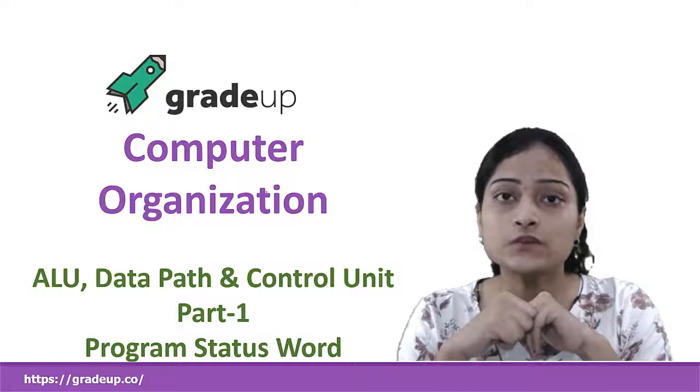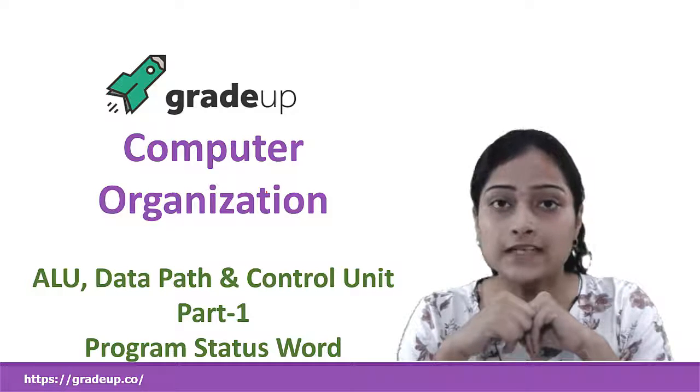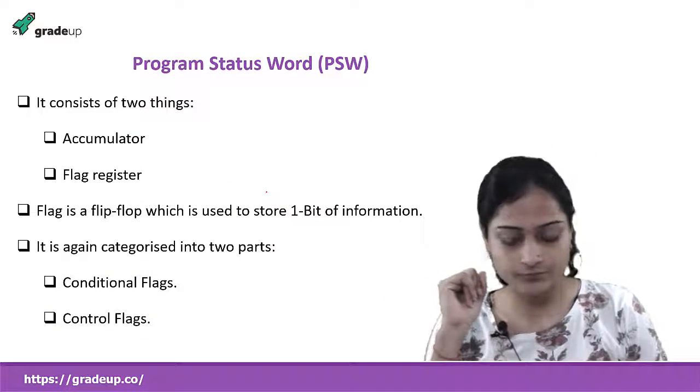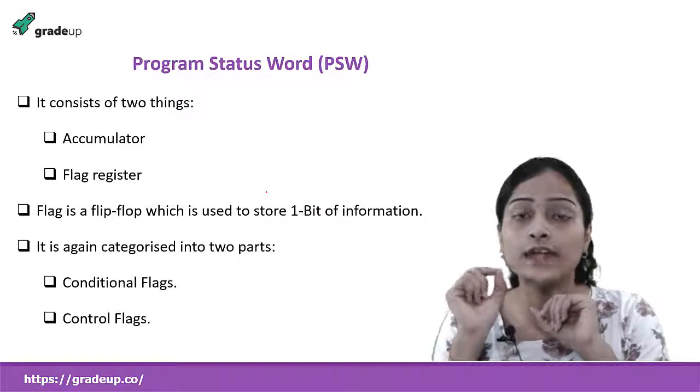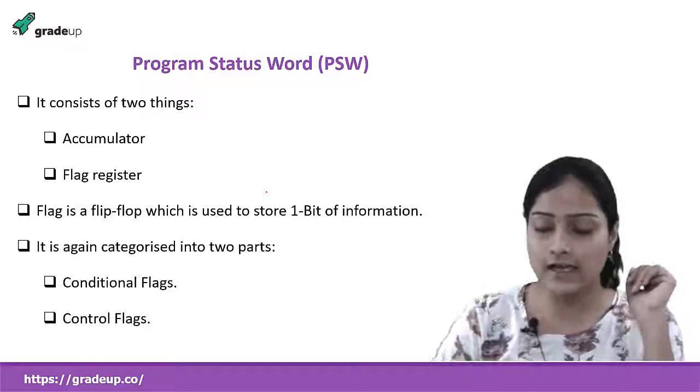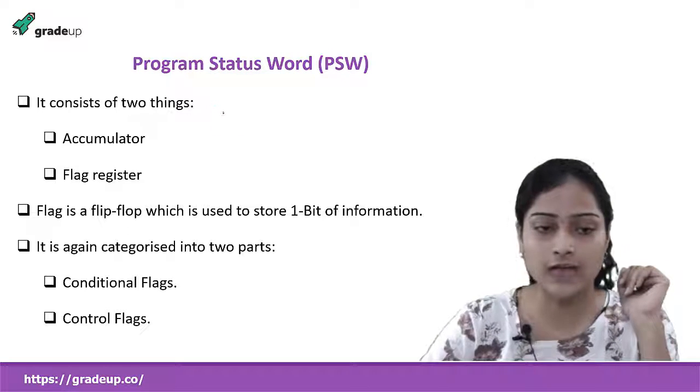So first thing which we are going to study is PSW, which is Program Status Word. You will ask me, what is this PSW? Let us start with that. Guys, I told you whatever result or whatever computation is carried out by the arithmetic logical unit, all the result is stored in my accumulator.